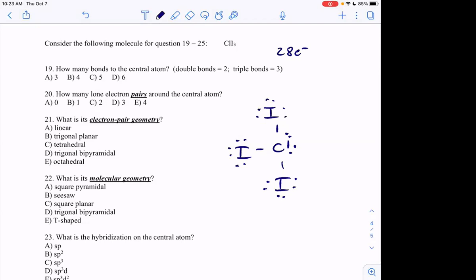Okay, so now I think we can answer the questions, right? How many bonds to the central atom? Well, that's clearly 3. How many lone pairs around the central atom? 2. You're asked for pairs. The 4 is there, so if you read electrons and you choose 4, what's the electron pair or electron domain geometry?